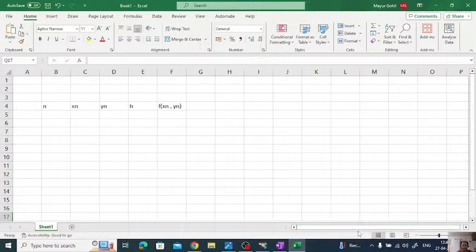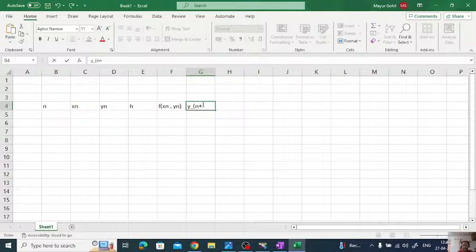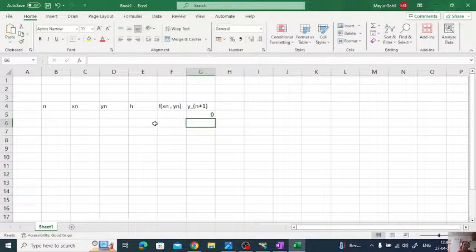I'll zoom a bit so that it's visible. And then here you have y at n plus 1, right? We have n plus 1, yn plus 1. Now the yn plus 1 formula is nothing but the cell value, the addition of these cell values. So it is this cell multiplied by h and added with the first value. Basically that's what it is doing. So we'll have this over here.